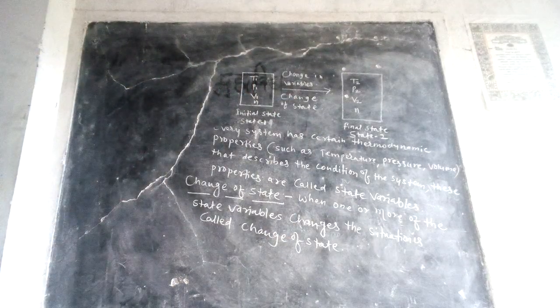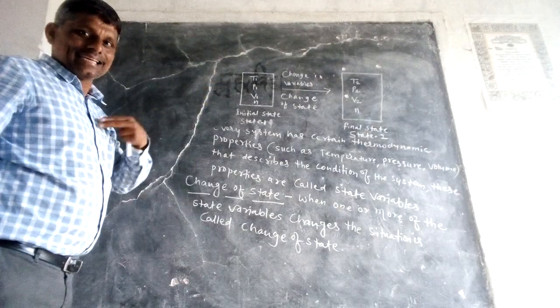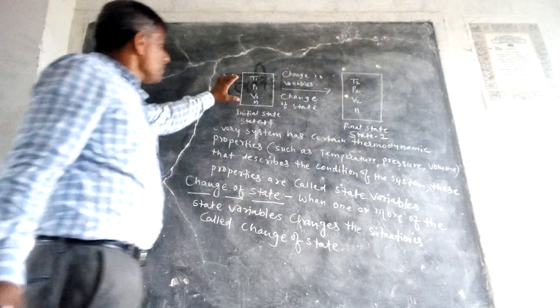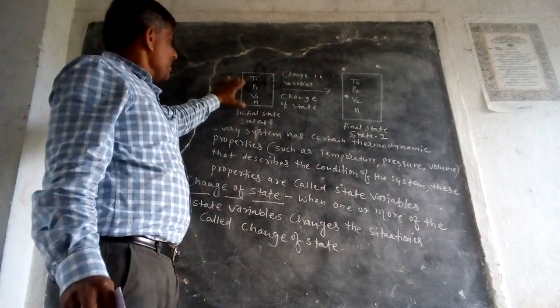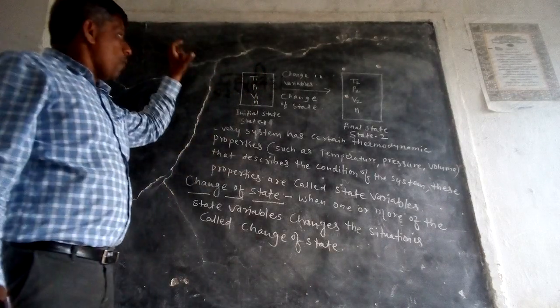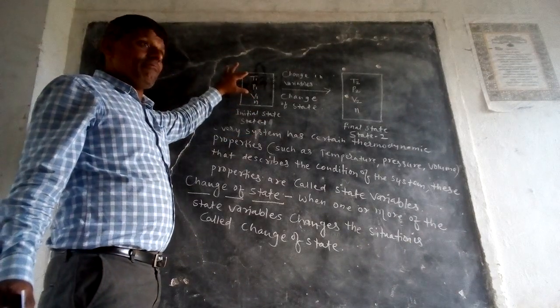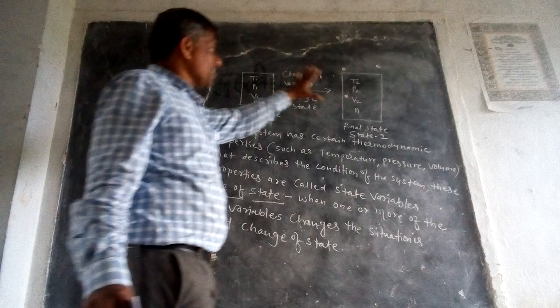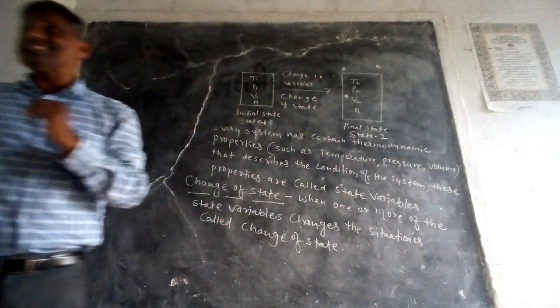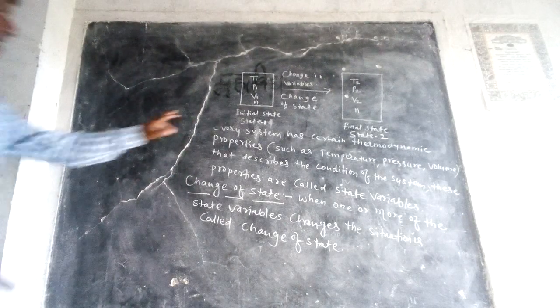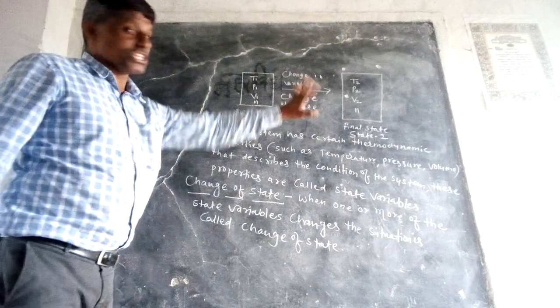From this diagram I think you have better understood what the change of state is. When do we say that the state of a system has changed? When the value of at least one or more parameters has been changed, then and only then you can say that the state of the system has been changed, and the system in state 1 has changed into state 2.